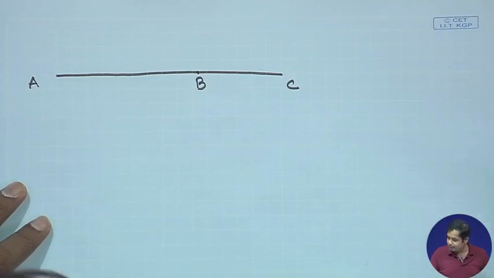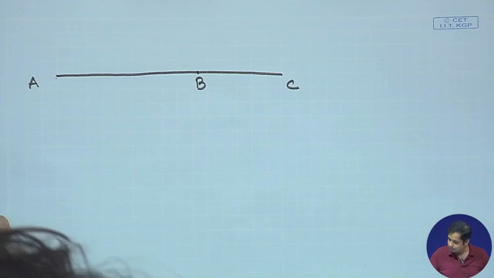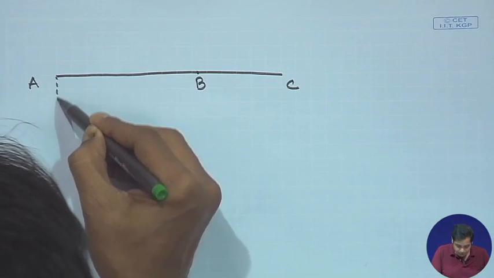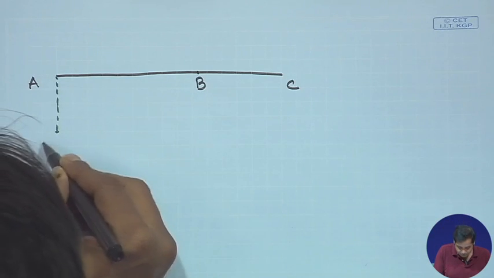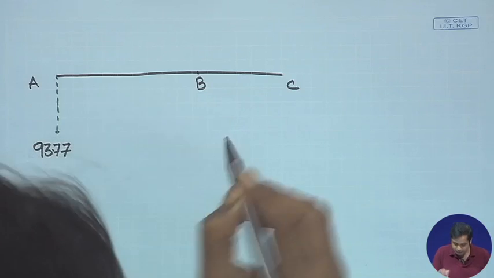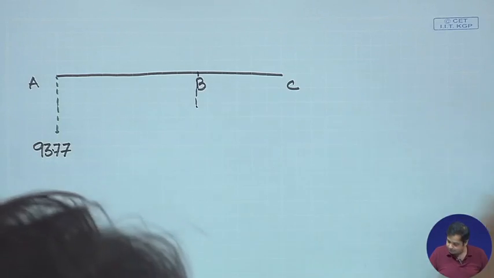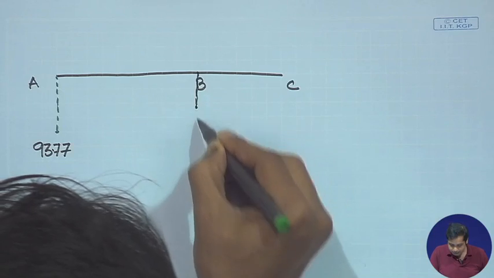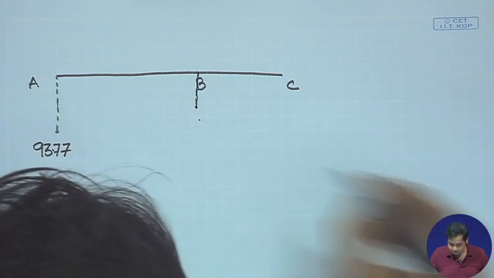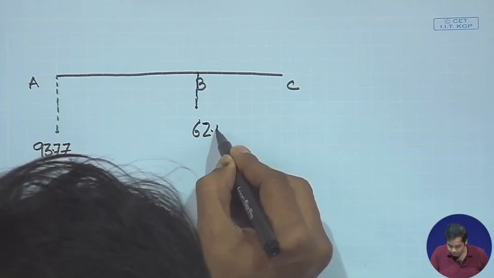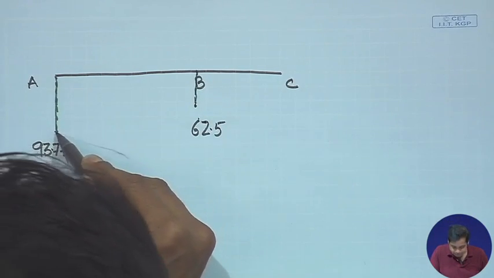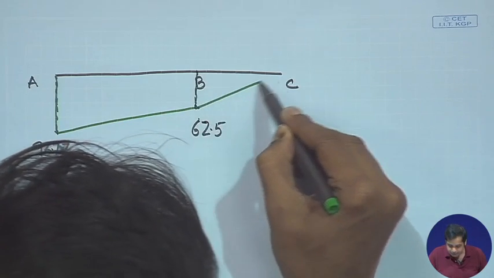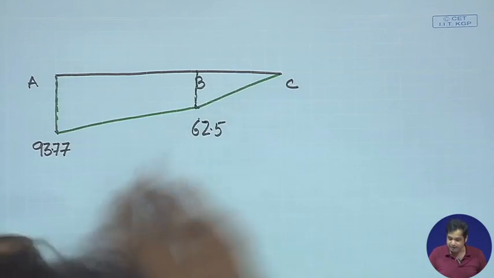Now, then MA is 93.77, and then this value is 62.5, and then due to the redundant forces the bending moment is constant, because at C it is 0.